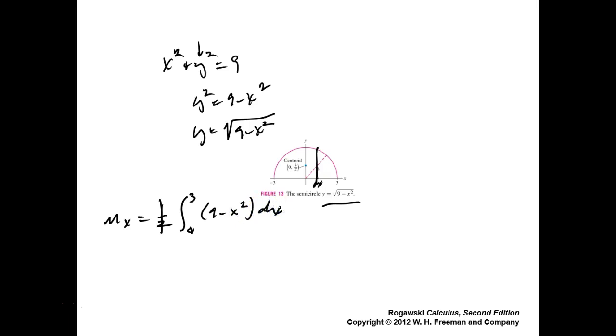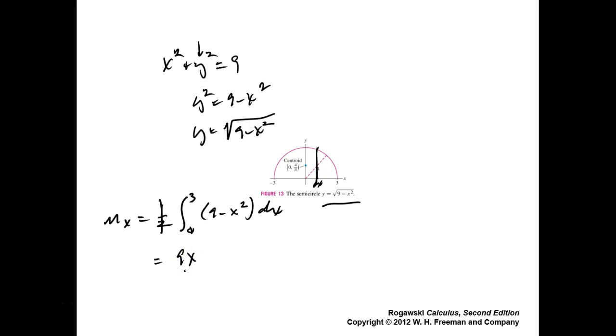Is it going to come out that easy? It doesn't seem like that's fair for it to be that easy, does it? Let's see if it does. Okay? And what would this be? Antiderivative of 9 is 9x, right?